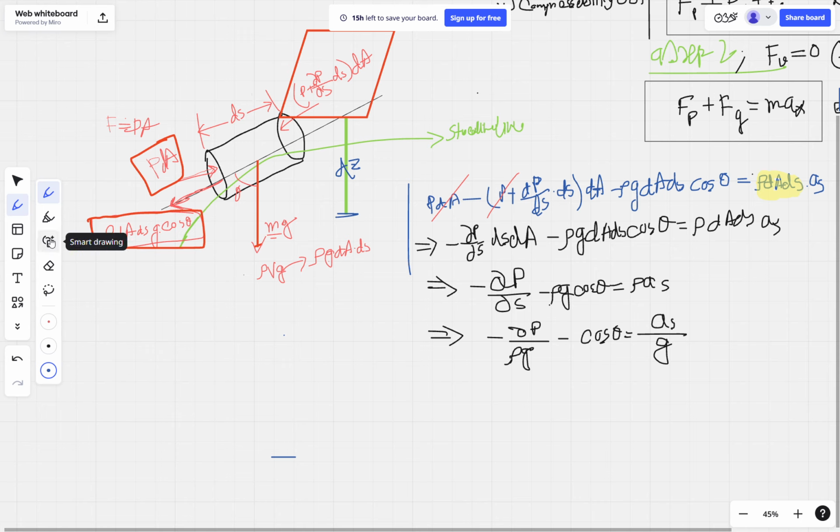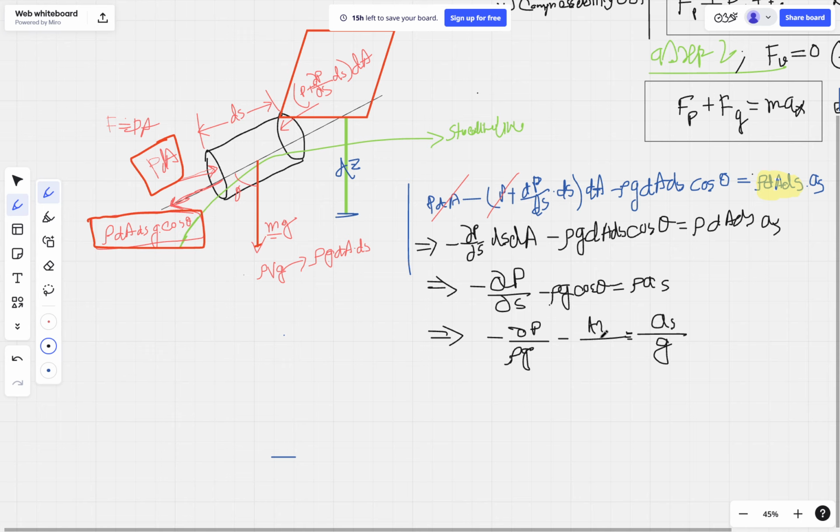So from that, in the place of cos theta, we can write that cos theta will be equal to dz divided by ds.